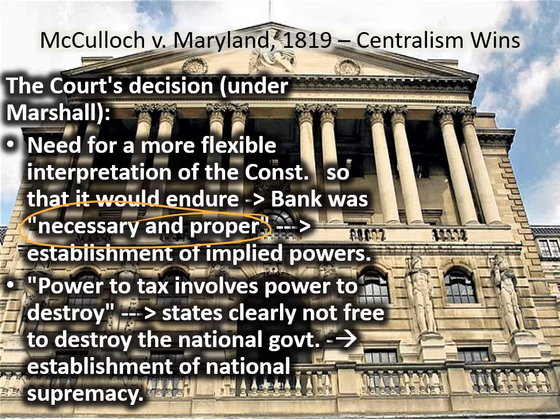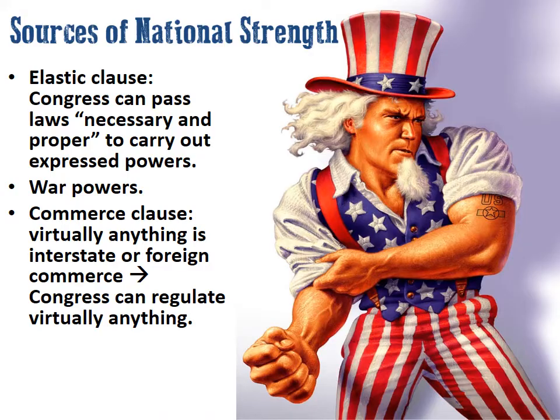John Marshall was the Supreme Court judge, and they agreed that the power to tax is a power to destroy, and states cannot destroy the federal government. So, sorry, the national government is supreme, and this is one of the first major cases that has an impact on strengthening the power of the federal government.